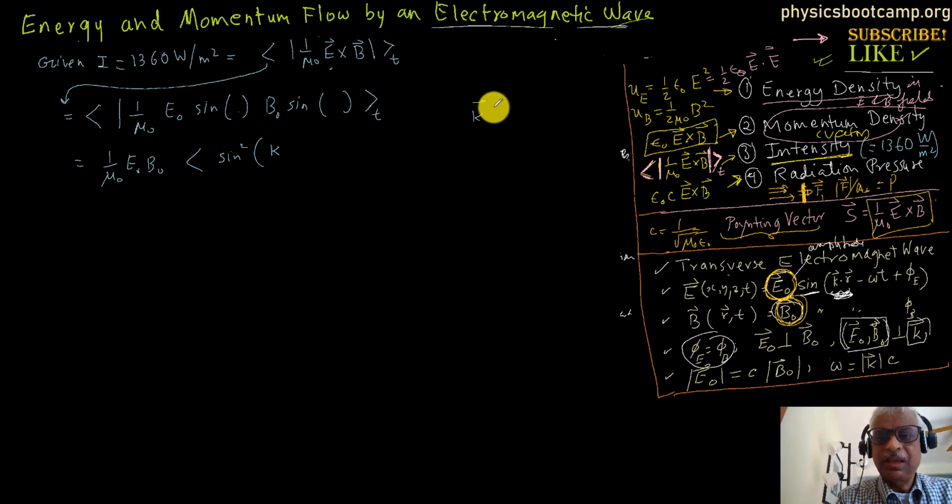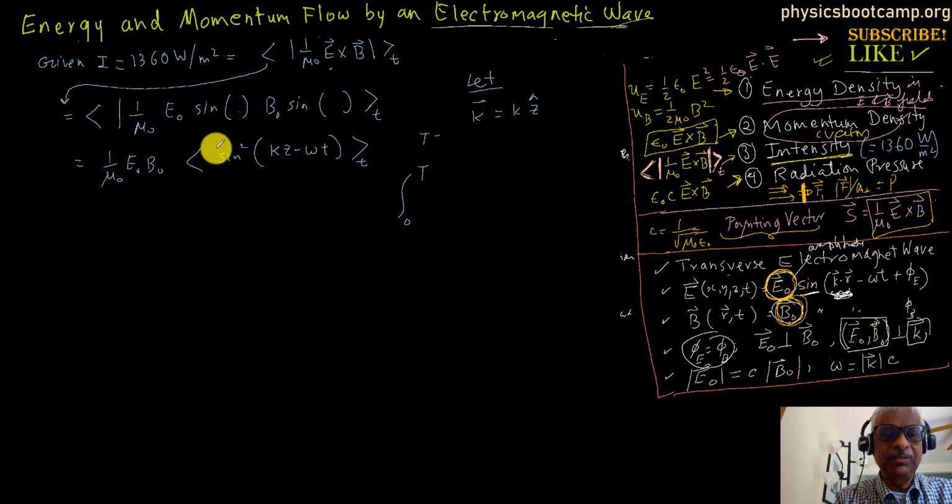Let's say k equals k z hat, so we can pick one, kz minus omega t. So what's the time average? The time average is over a period of time, say just the wave.